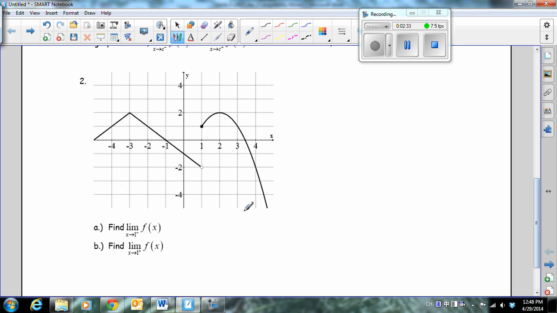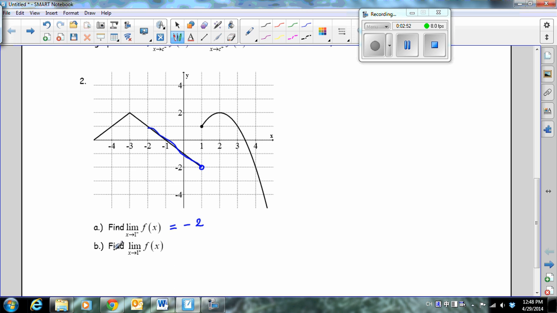Alright, let's go ahead and look at this. For A, find the limit as x approaches 1 from the left. In other words, it's traveling from the left and approaching 1. The limit seems to be at this point, so this is equal to -2.